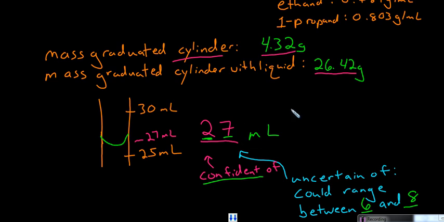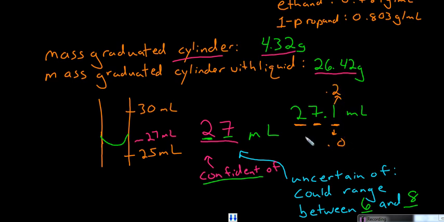Now, what if you were to write 27.1 milliliters as your volume? Would that be reasonable? Well, yes, we are confident that we're within the 20s range. Are we confident that we are 7? Maybe, but are you confident that you have above and below the 0.1 here, that you have between 0.0 and 0.2?